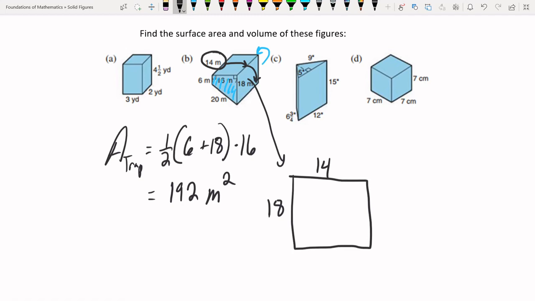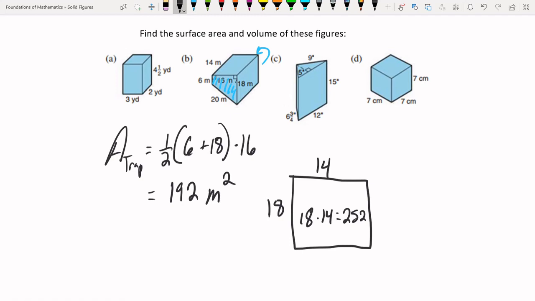So that's the height and the width of the side rectangle. So then the area of this is 18 times 14, which is 252. That's going to be in meters squared again.